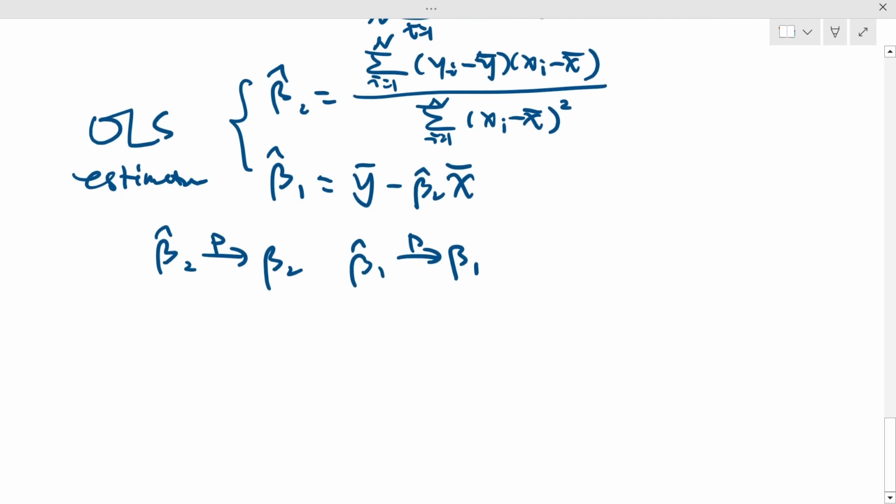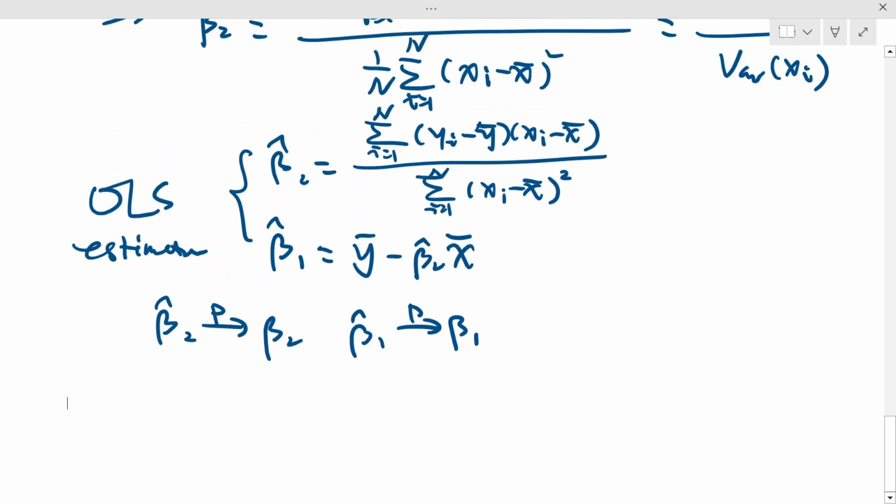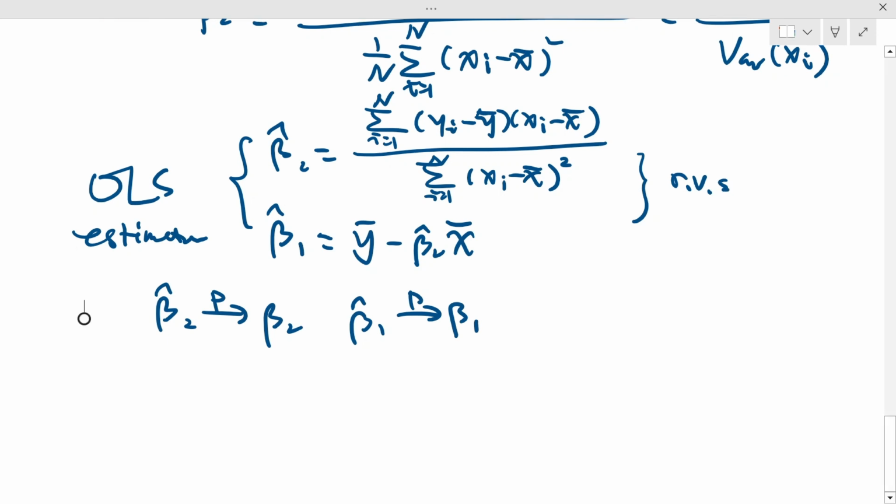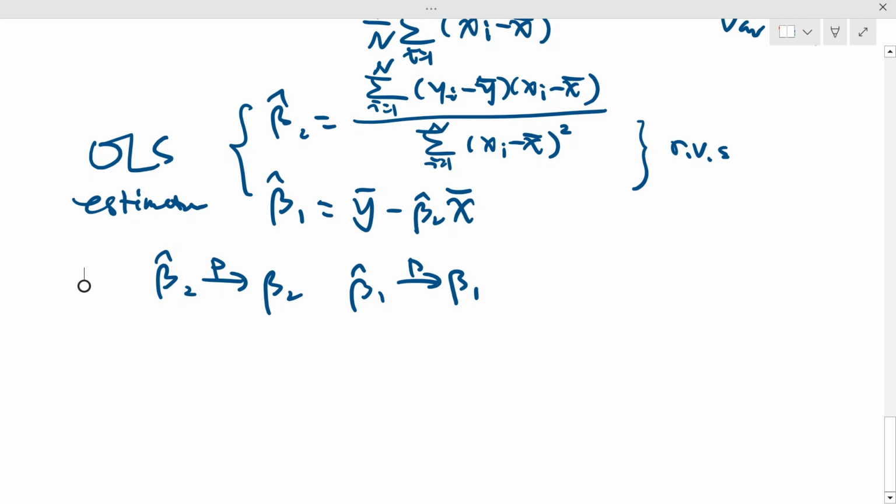So, and note that beta hat 1 and beta hat 2 are random variables. So let me quickly show you that's the case. We have our model is, okay, so here beta 1 and beta 2 are constants, they are not random variables.